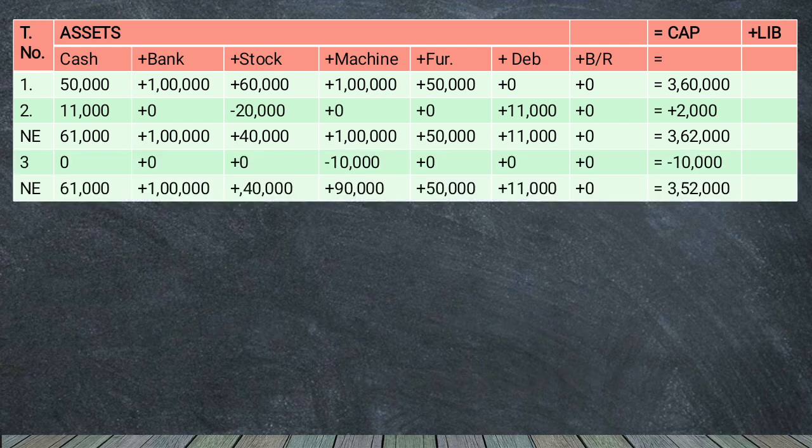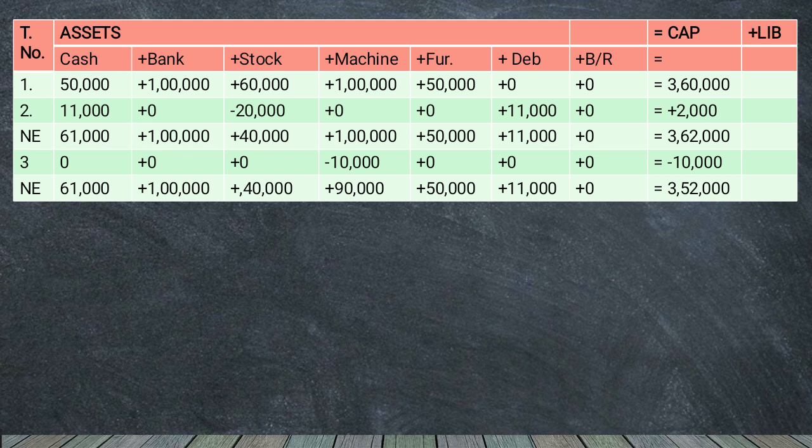So here, in transaction number 3, we have charged depreciation on the machinery, and depreciation is a kind of non-cash expense. Non-cash expense means this transaction is not going to affect our cash, but it will decrease the amount of our assets, that is machinery.